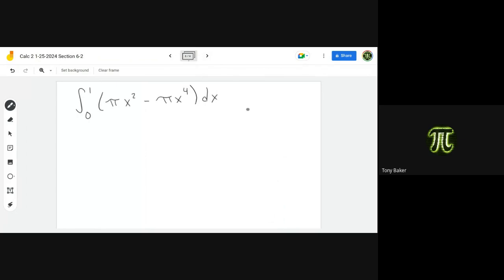Since there's pi in both of them, I can pull out the pi. And we're literally just going to do x squared minus x to the 4th. So x to the 3rd over 3 minus x to the 5th over 5, from 0 to 1.